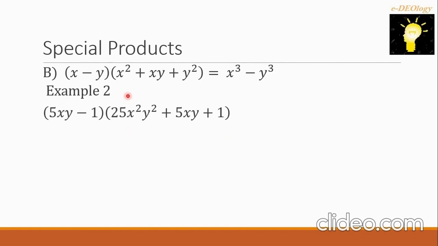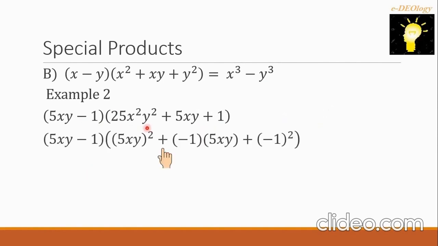Let's have example 2. This is 5xy minus 1 multiplied by the quantity 25x squared y squared plus 5xy plus 1. So again, we will check the pattern. We will rewrite this problem and see if this pattern falls on our special factors pattern like this.